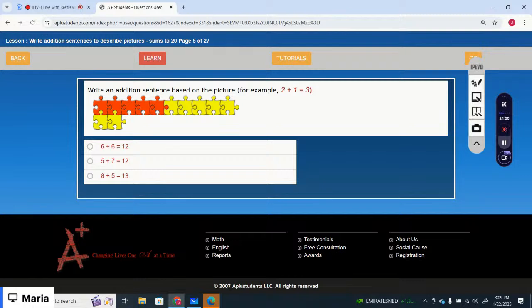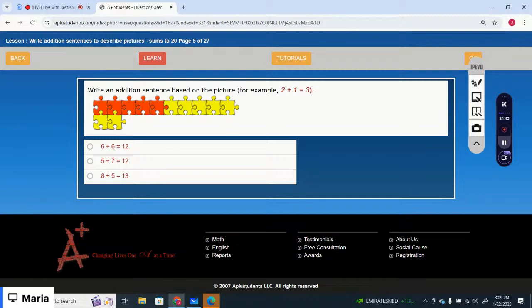Write an addition sentence based on the picture. Which is the correct option? 1, 2, 3, 4, 5. 1, 2, 3, 4, 5, 6, 7.